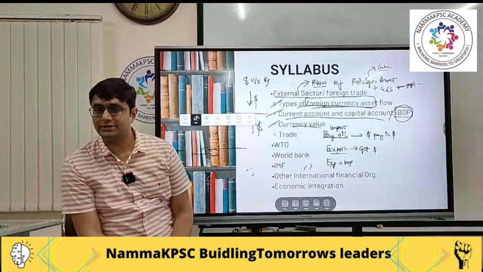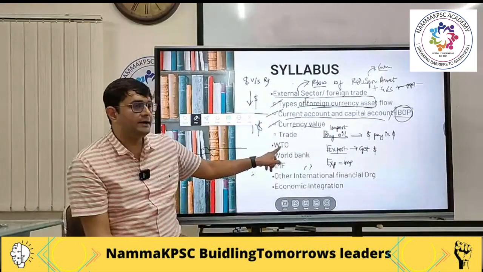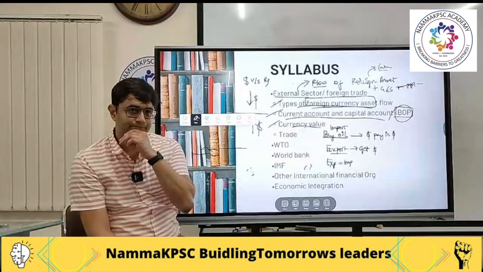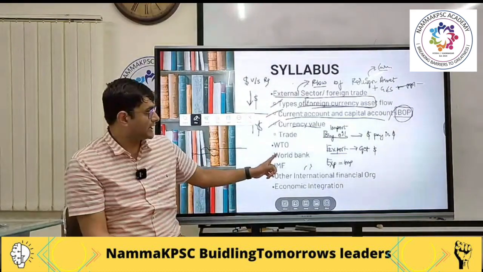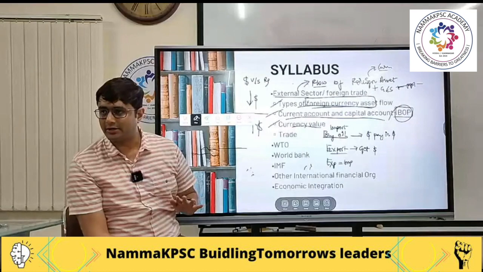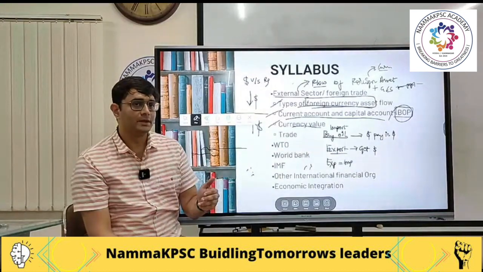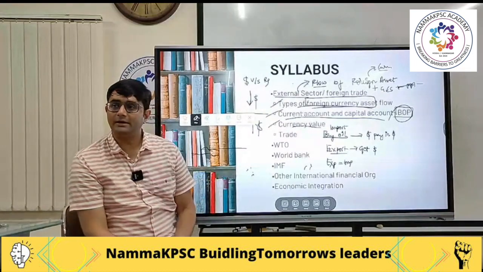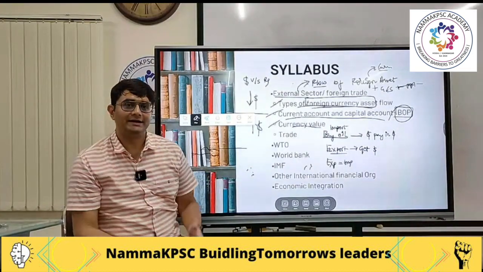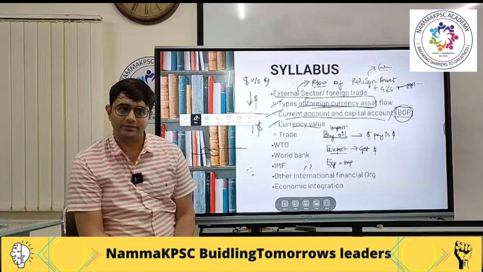international organizations like WTO, World Trade Organization, which promotes rule-based trade across the world. Then World Bank, which promotes infrastructure development across the world.